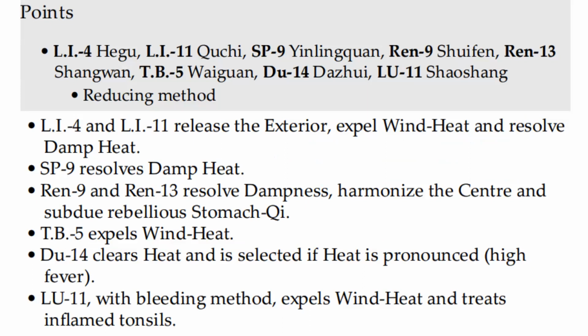REN9 and REN13 resolve dampness, harmonize the center, and subdue rebellious stomach Qi. TB5 expels wind heat. DU14 clears heat and is selected if heat is pronounced, as in high fever. LU11 bleeding method expels wind heat and treats inflamed tonsils.